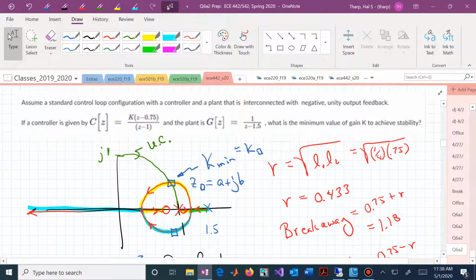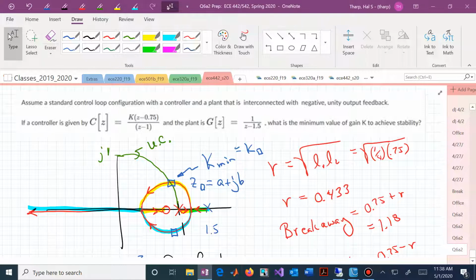The breakaway then occurs a radius to the right of the circle's center, which is 0.75 plus r. For r equal to 0.433, that gives us 1.18 for the breakaway, and that's between 1 and 1.5. Good, that's consistent. But notice it's not halfway between.